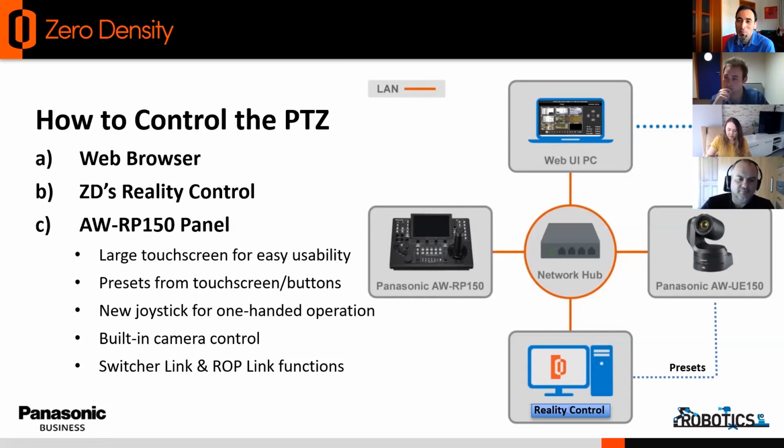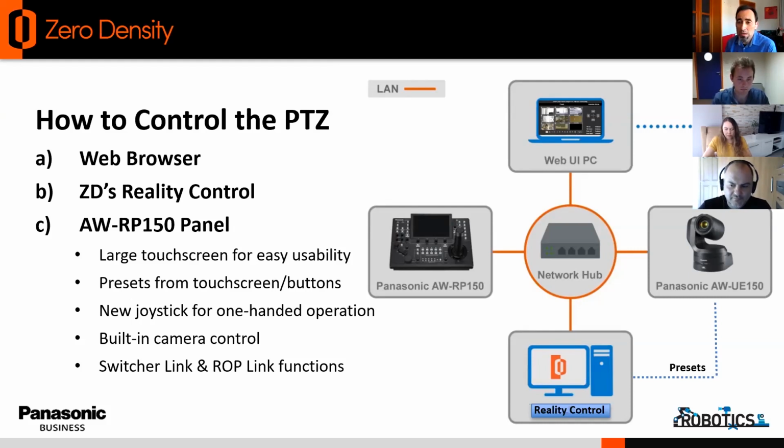The first one is to use the web browser of the camera. The camera comes with a web page with a really nice interface. You can store presets, and you can have an icon showing what each preset is. So, for example, to store and recall presets, it could be really nice.